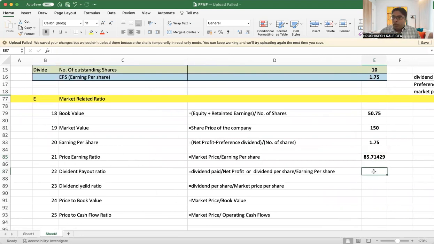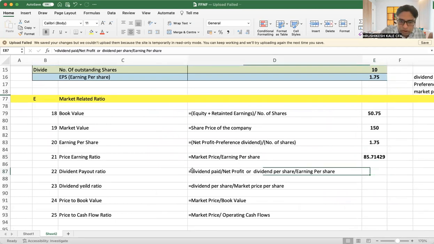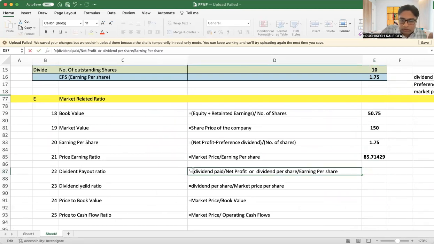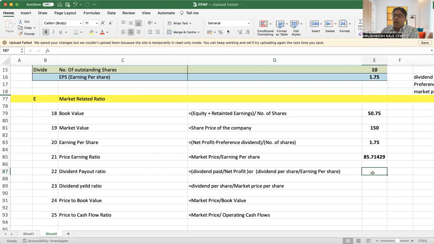Then dividend payout ratio. These are two formulas. This is formula number 1, and this is formula number 2. Now, dividend payout ratio tells us that out of your total earning, how much you have paid as dividends.